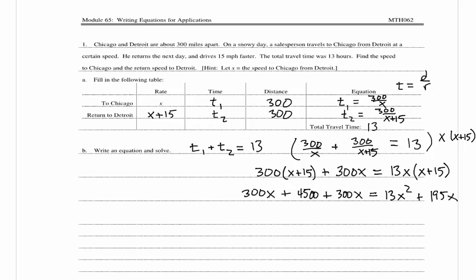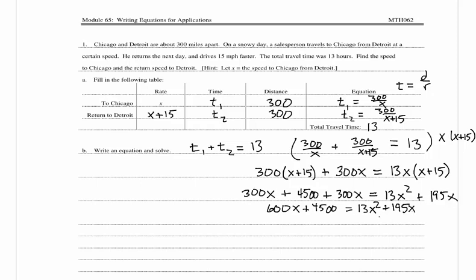And now I'm going to combine my like terms on the left side of the equation, and I have 600x plus 4,500 is equal to 13x squared plus 195x.